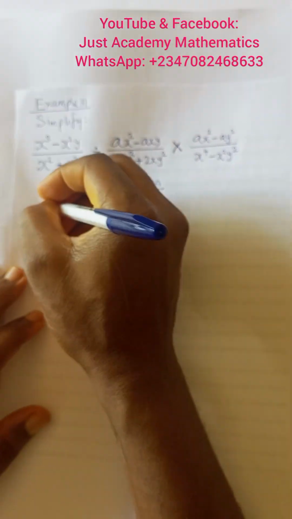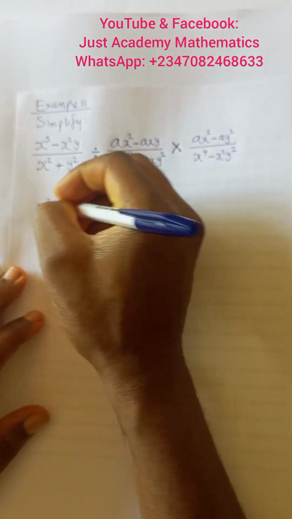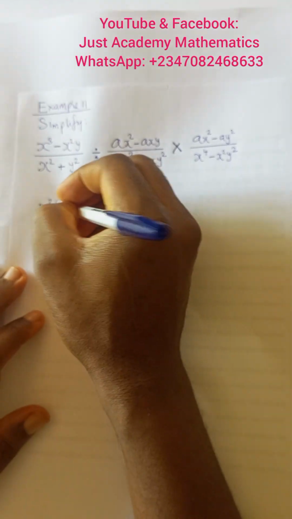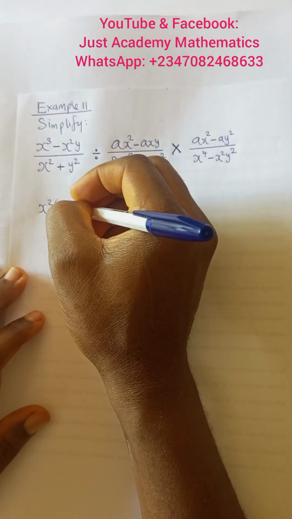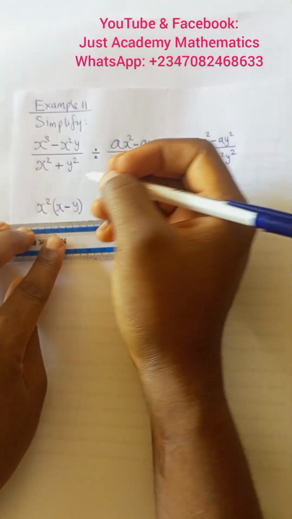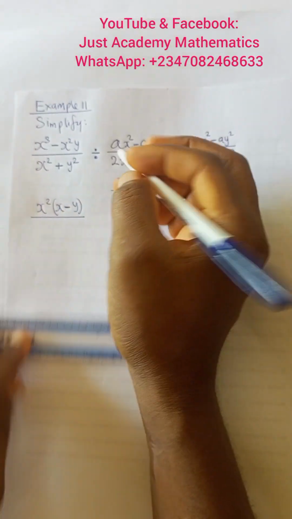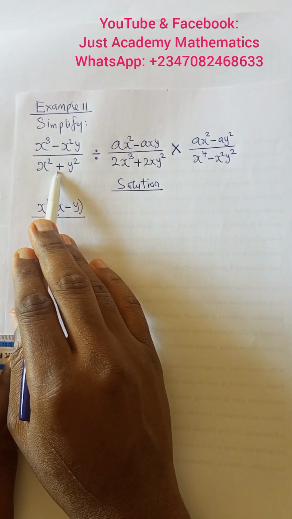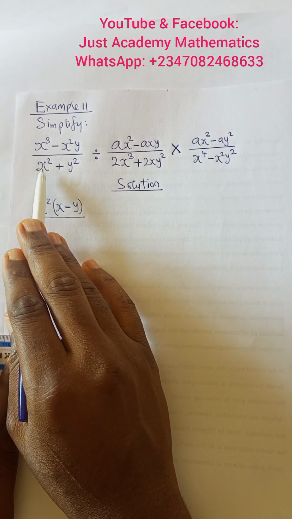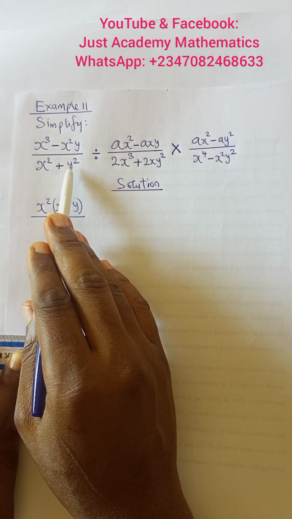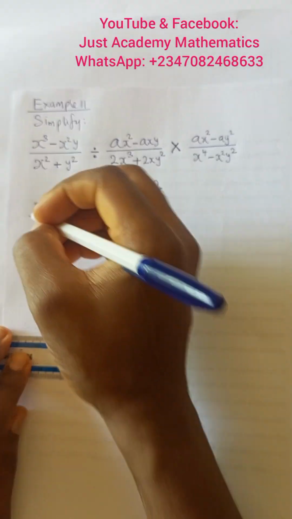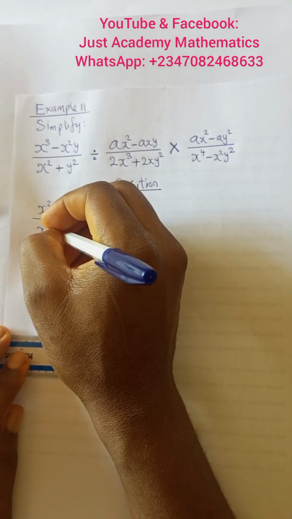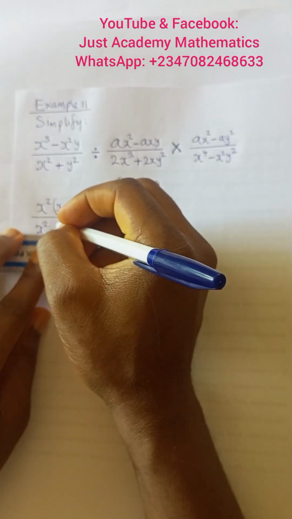So if s squared is out here, what will remain here is s minus y. Are you there? That is for that one. Then for this one here, this is s squared plus y squared. We'll retain it here. That is not difference of two squares. It's not minus.